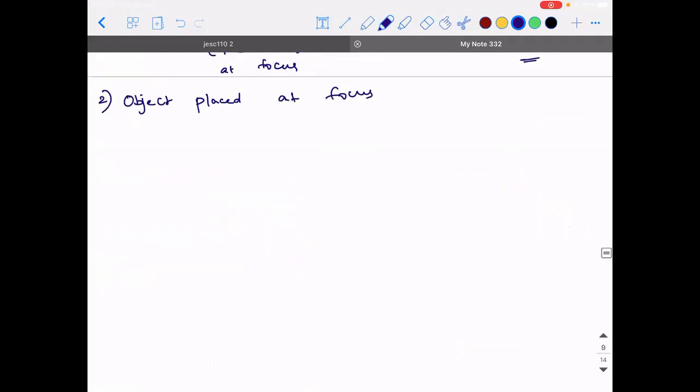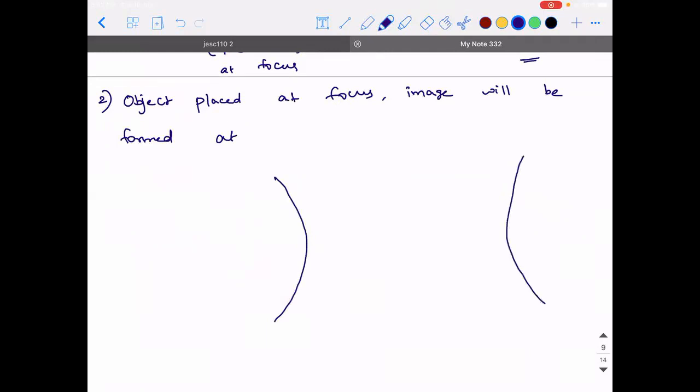So object placed at focus. Then the image will be formed at, even I don't know. We'll draw and see. Okay.